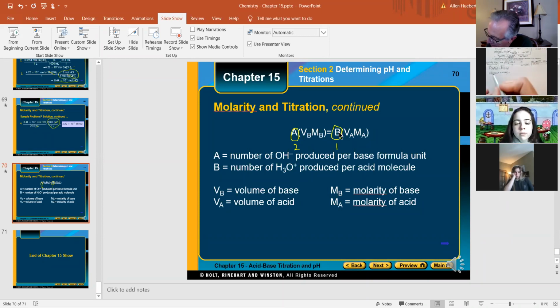My HCl, this HCl produces how many hydrogens per molecule? Isn't it just 1? And then my volume of my acid, times my molarity of my acid.